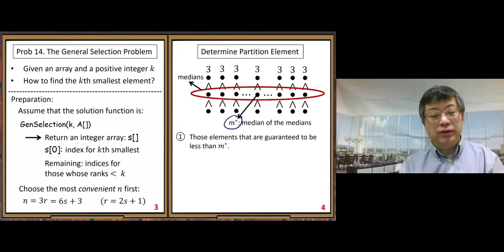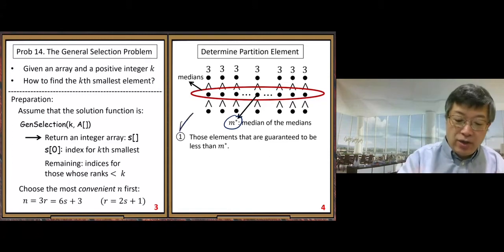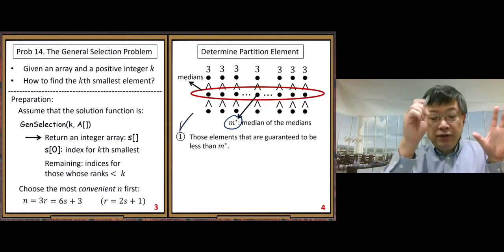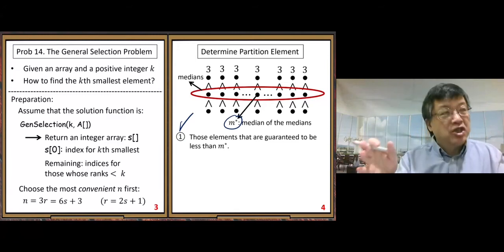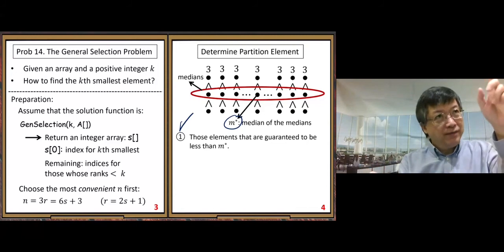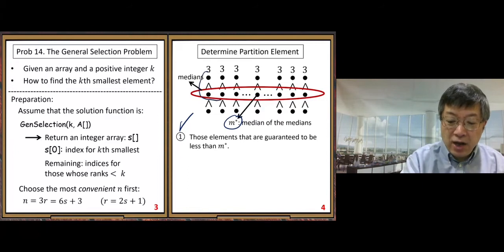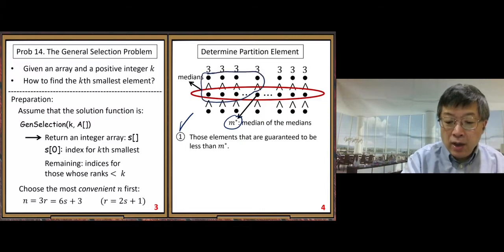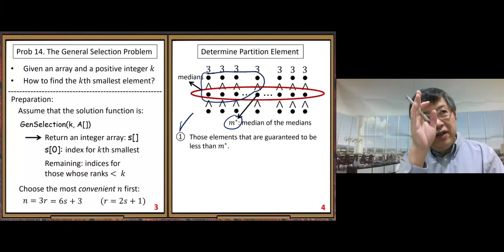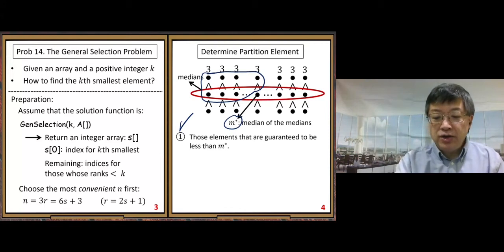With that assumption, now we need to mark those elements that are guaranteed to be less than M star. Here, I draw a circle around those elements. Can you see they all have smaller rank numbers than M star? This is M star.